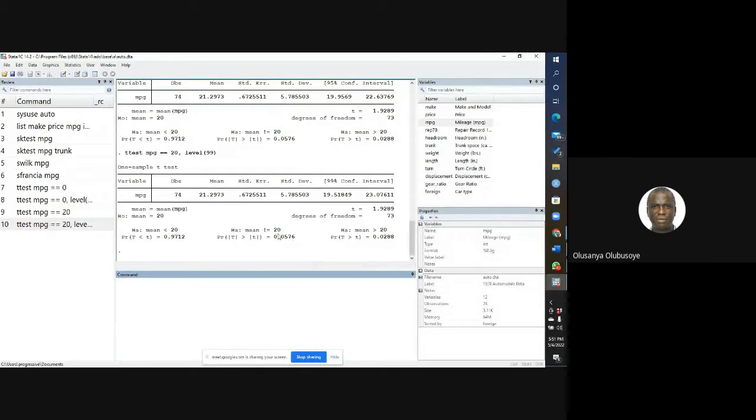For this, we are going to accept that null hypothesis. For this, we are going to reject that null hypothesis. So all you just need to do is to compare your alpha value with the probability value.